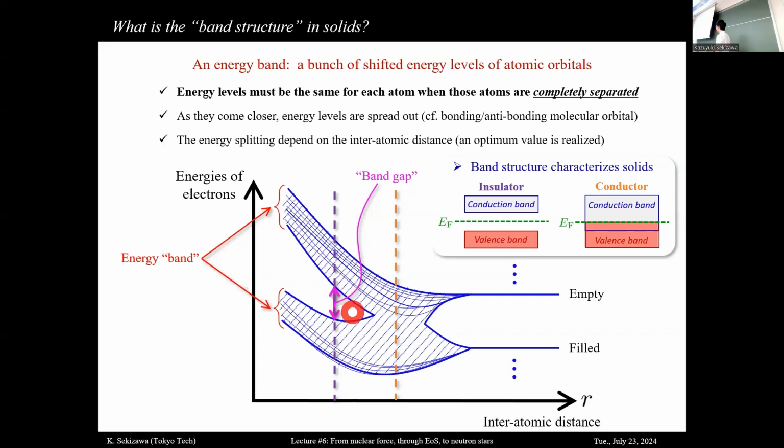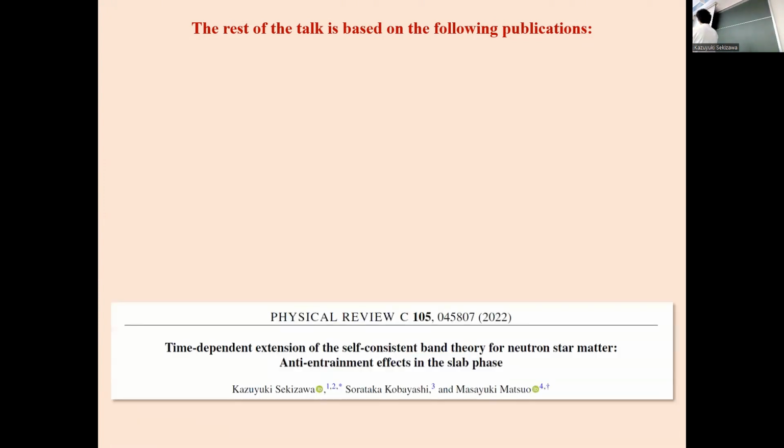Since it is difficult, it behaves like an insulator. And in between them, we will have the semiconductor. Okay. So anyway, those are just a basic reminder of what band theory is.